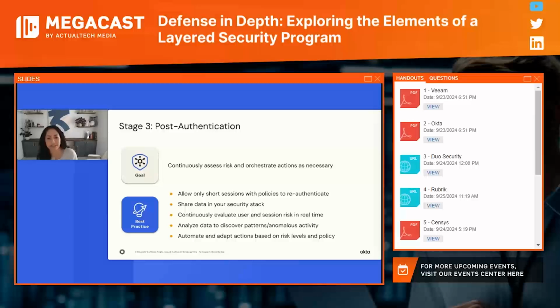So best practices for securing sessions post-login that are not going to add additional friction for your users are sharing data across your security stack, such as from your EDR or MDM tools, with your identity solution to detect potential threats sooner, continuously monitoring your sessions for suspicious behavior, so things like multiple password resets, new IP addresses, or attempts to access new applications or data, using automation to take immediate action depending on the anomaly, so things like requiring re-authentication or terminating a session, and analyzing data to uncover patterns and anomalous activity.